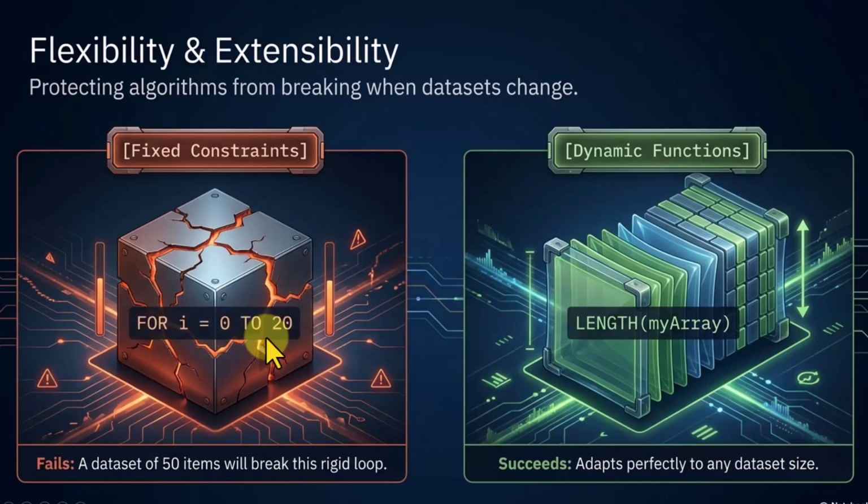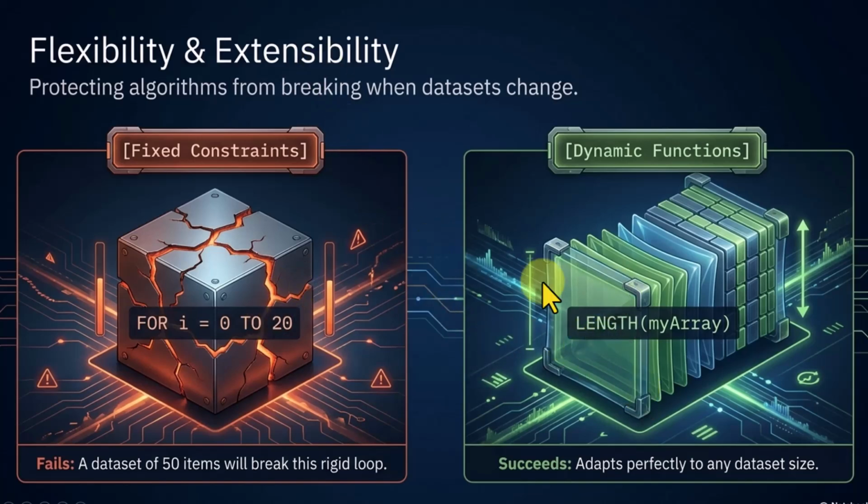If the data changes, this won't work. But if you use the length of the array, then if the length of the array changes, the loop changes as well. It works exactly as many times as the amount of data inside the list, so it adapts perfectly to any data set size. That is very important.